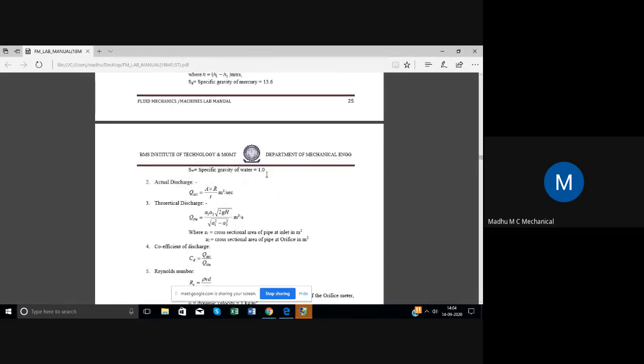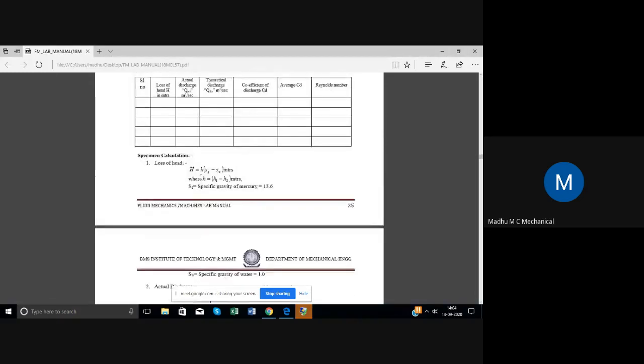Specific gravity of water, 1. So 13.6 minus 1 is 12.6. Multiply 12.6 by the manometric height and you will get head loss H.